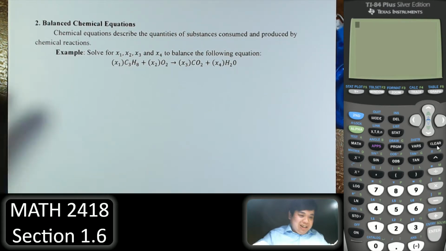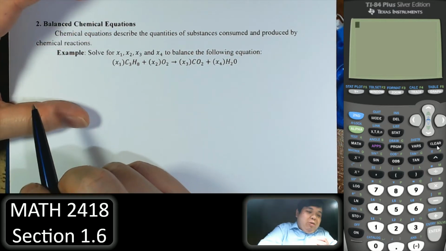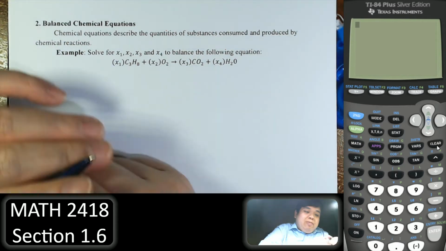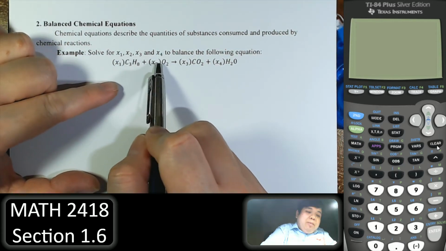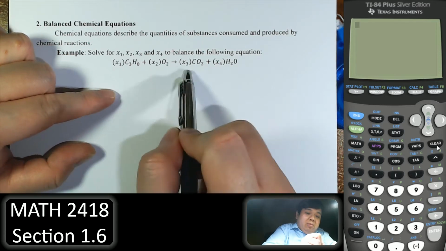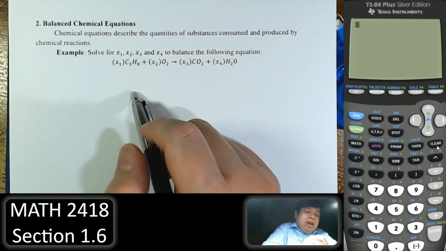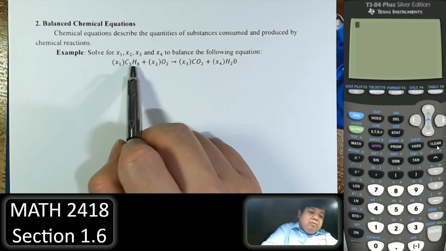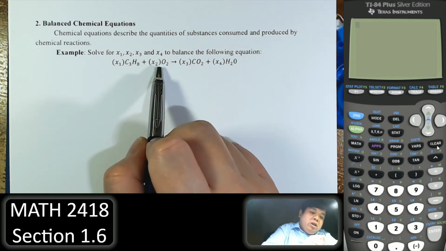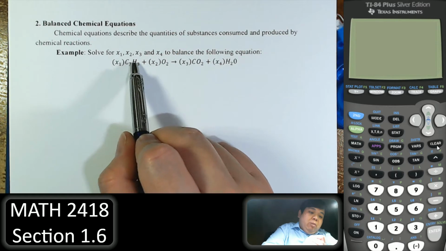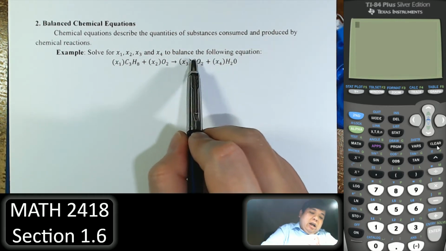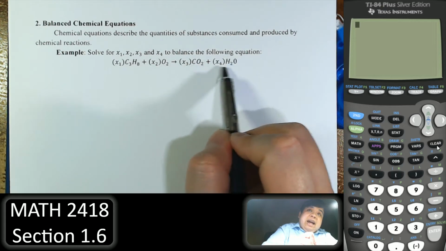Anyway, we have a chemical equation: some substances mix with each other and produce other substances. Here we have C3H8, which is propane, and oxygen. So pretty much we are burning propane, producing carbon dioxide and water.